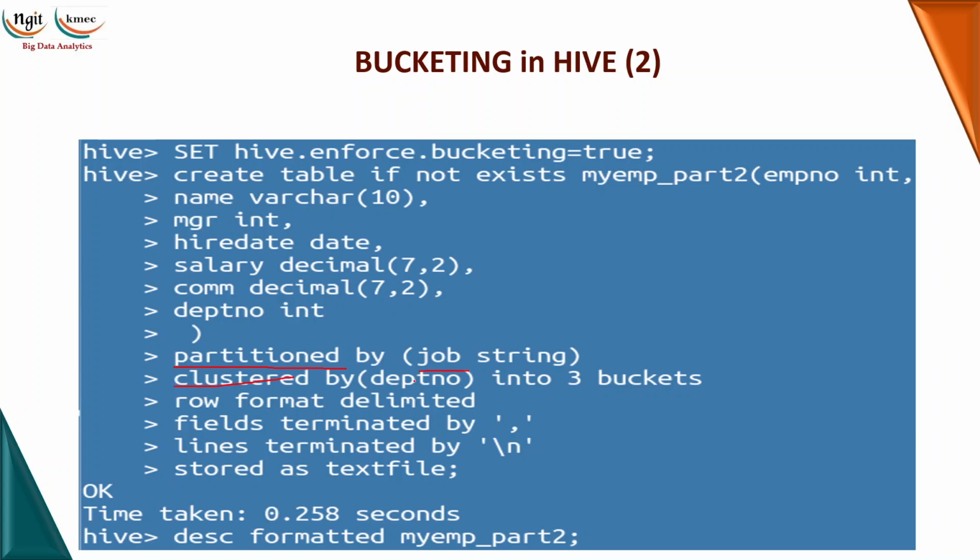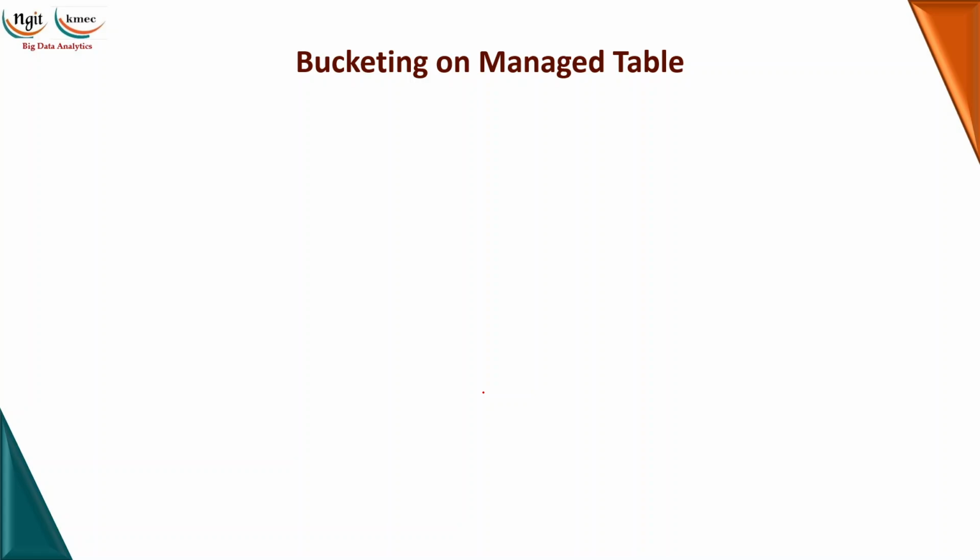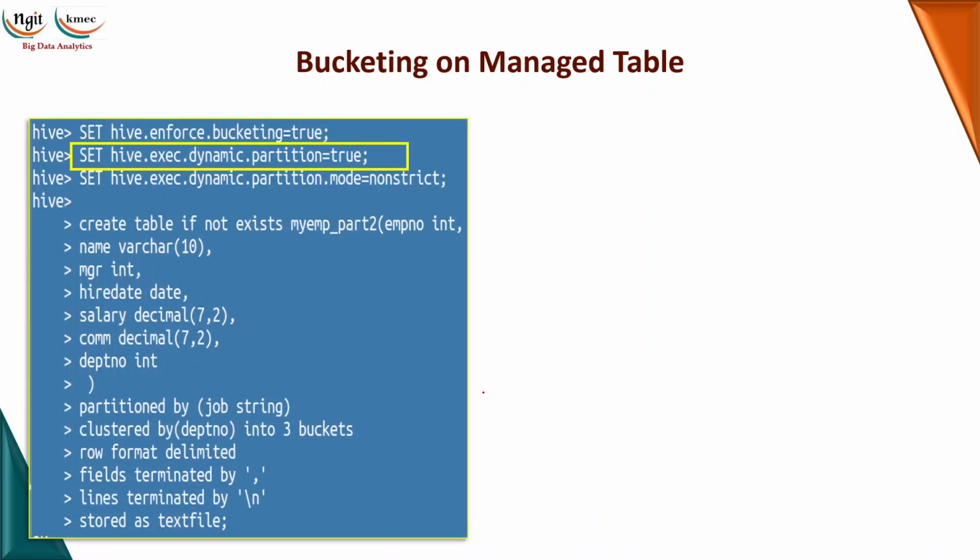Partitioned by job and clustered by department number, so it has both partitioning and bucketing. Both are available. We have to set hive.exec.dynamic.partition equal to true.